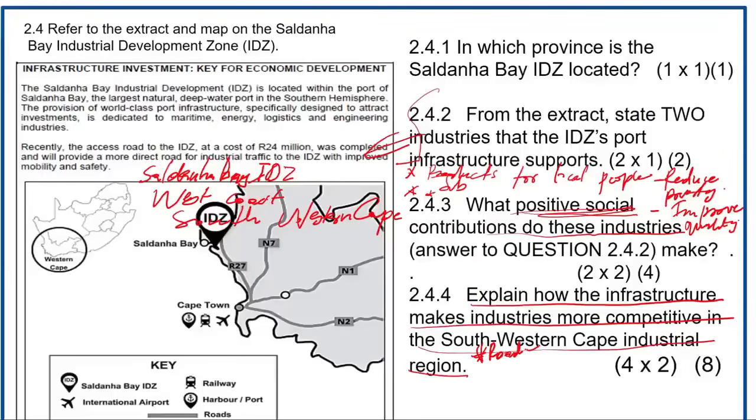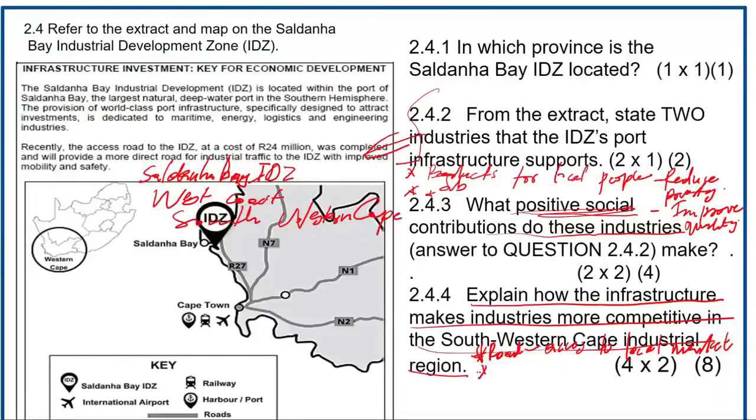How will road infrastructure make industries more competitive? Road infrastructure is going to provide access to the local market.